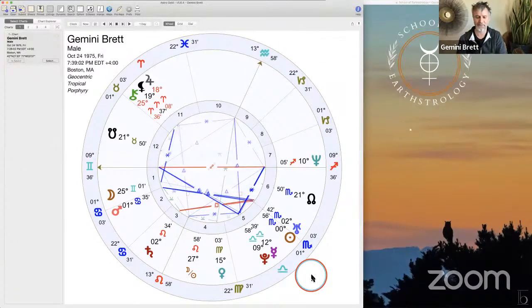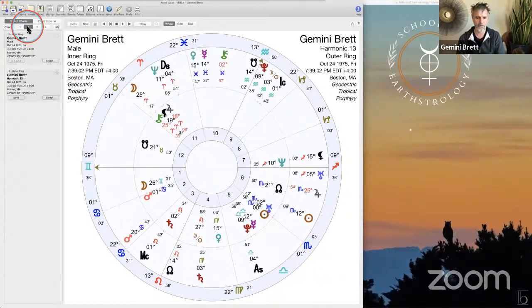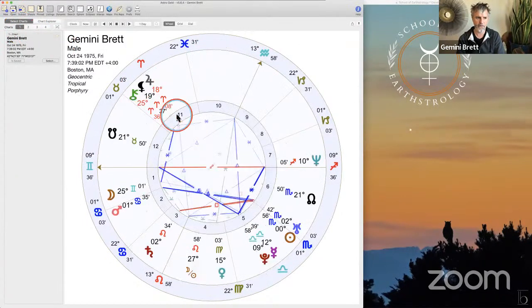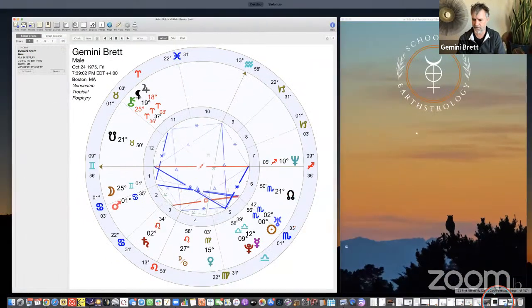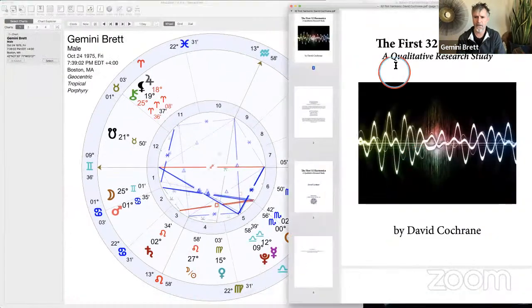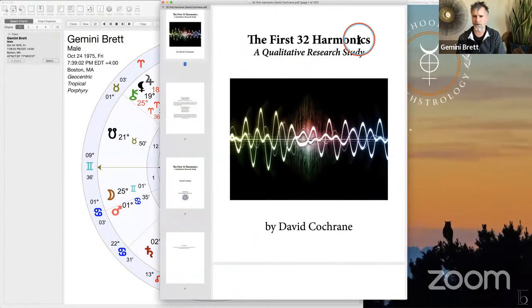I don't have answers, but when I look at that 13th harmonic relationship that brings Mercury and Venus together, a resource that I love is David Cochran's The First 32 Harmonics, a qualitative research study, which you can find in many places online for free.